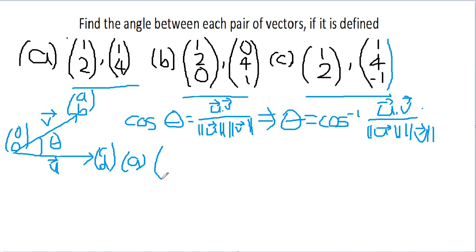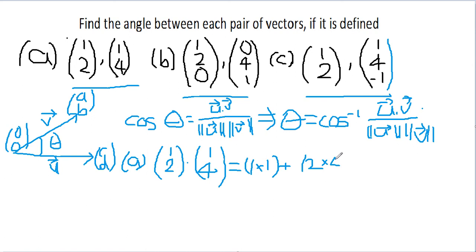It's (1, 2) dot product (1, 4), which gives 1 times 1 plus 2 times 4, which gives me 9.